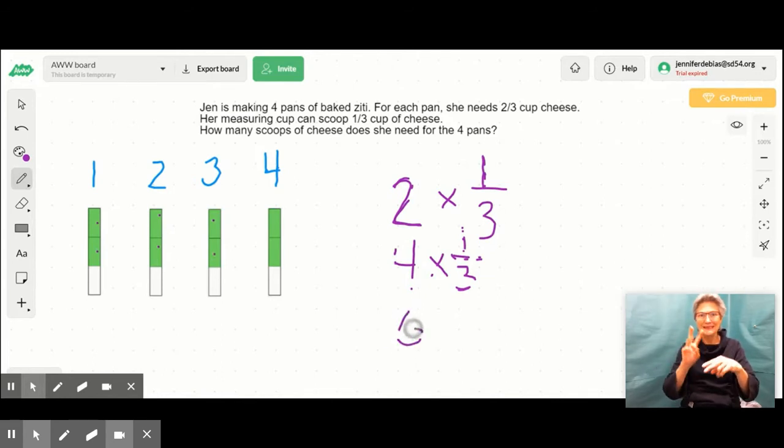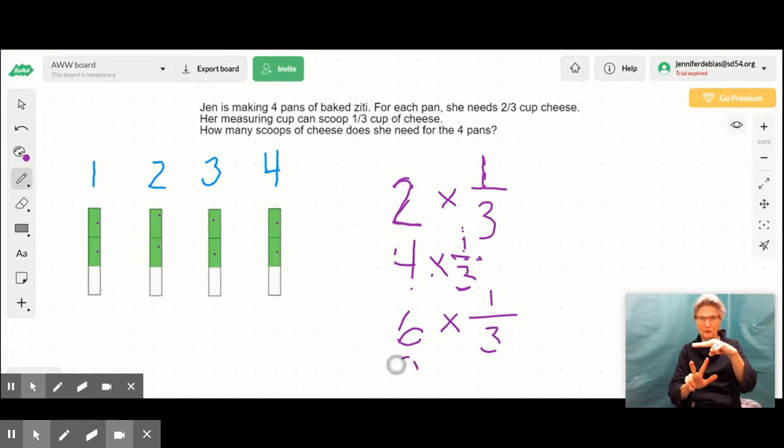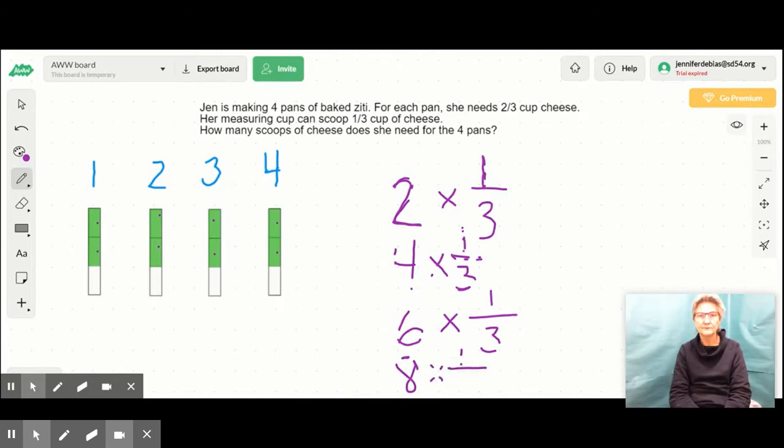So I'm going to multiply 6 times 1/3, right? And now to include my 4th pan, because that's how many she's making, I see 8 shaded 1/3 parts. So I would do 8 times 1/3, right? Because there's 8 parts.